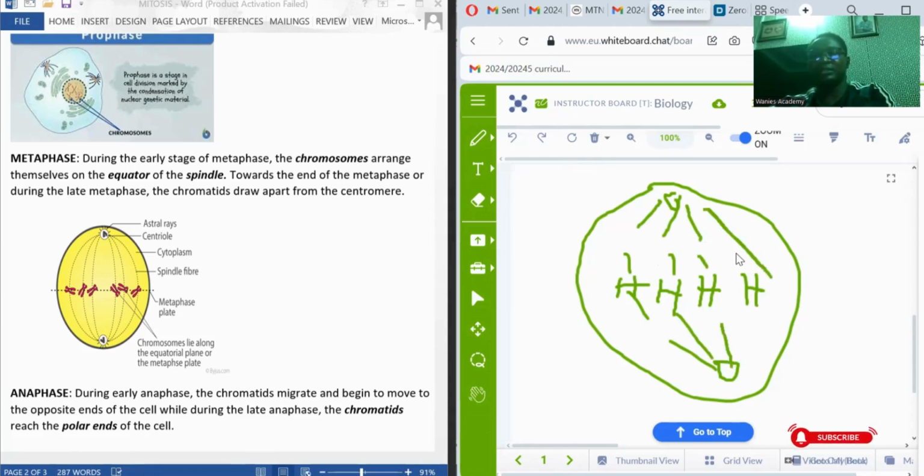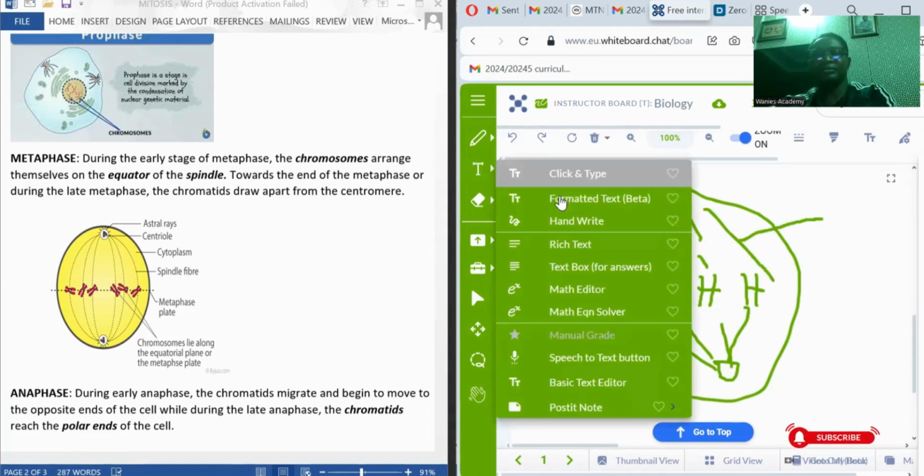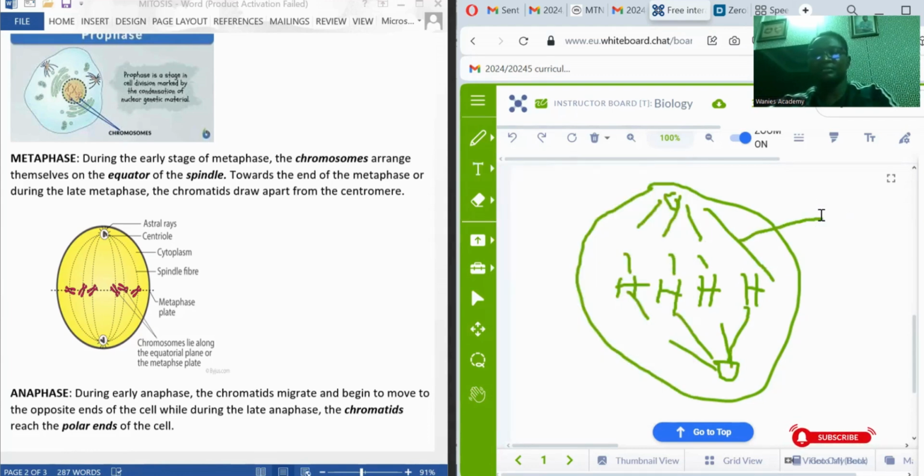This is the spindle fiber. And here you have the centriole at the end.